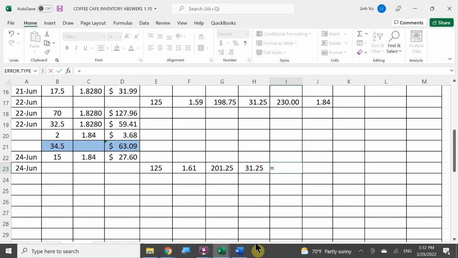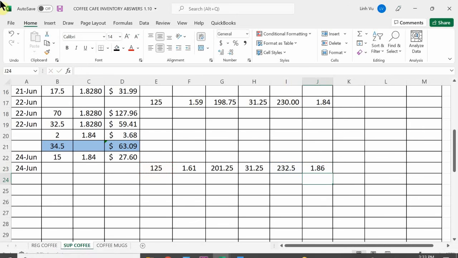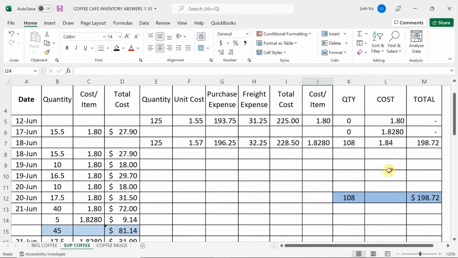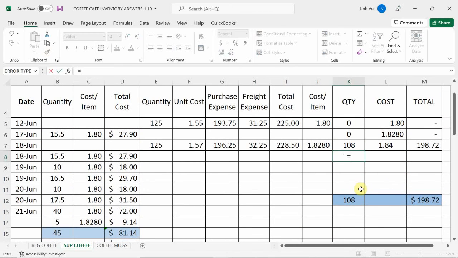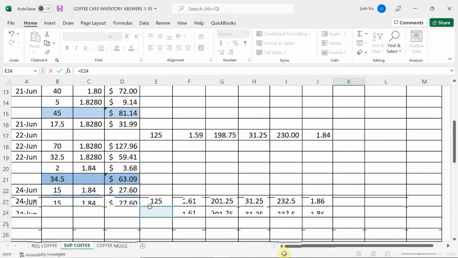What's my new total cost? $232.50. And what is my cost per item? $1.86.